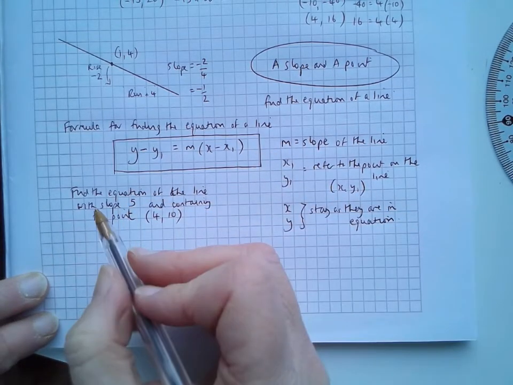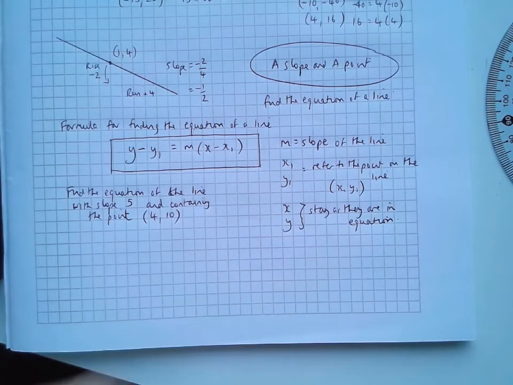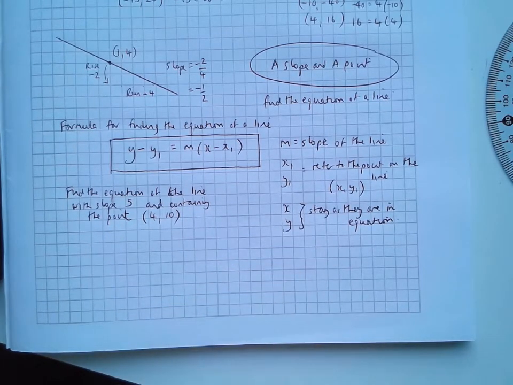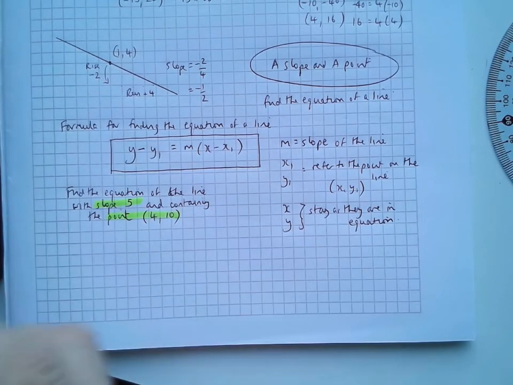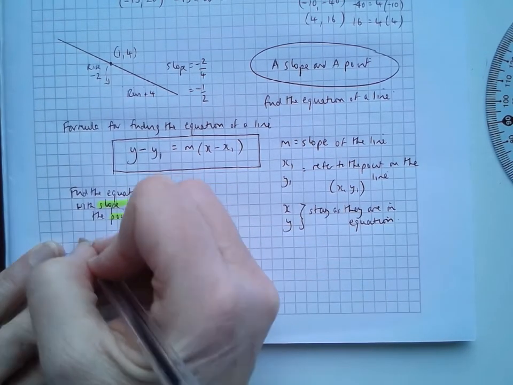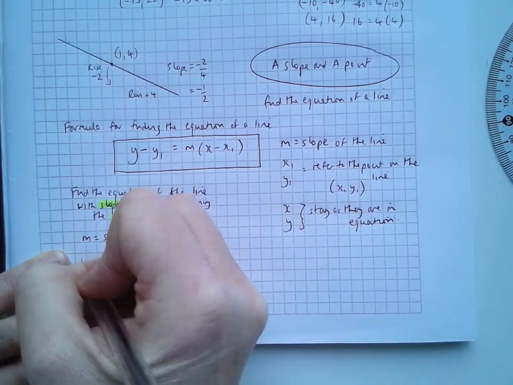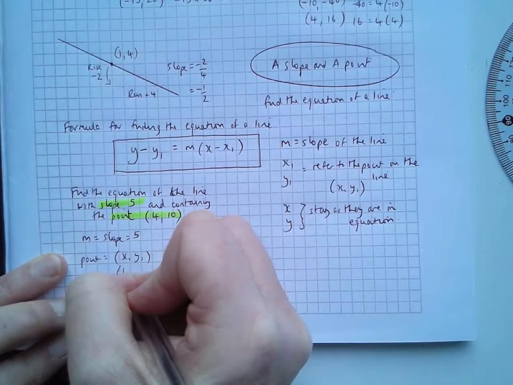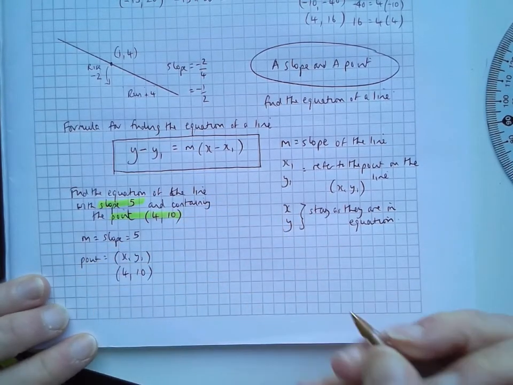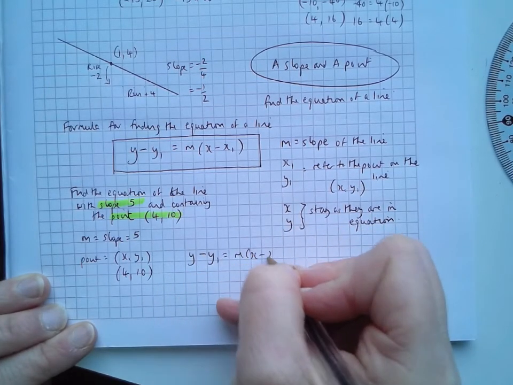So let's look for the key things here. This is our slope and this is our point. My slope m is 5. My point x1, y1 is (4, 10). So my equation is y minus y1 is equal to m times x minus x1.